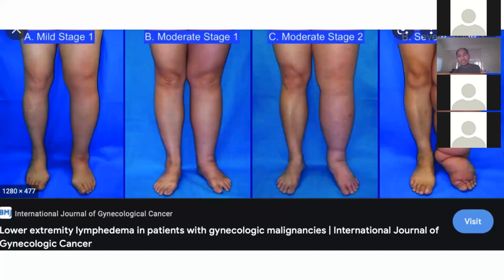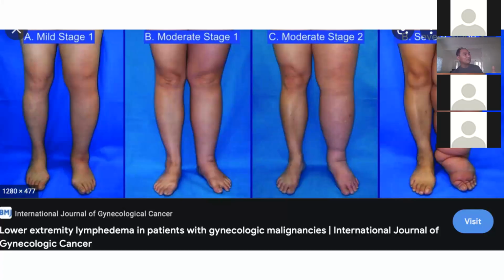Therefore, lymphedema is more often unilateral. Look at that, it gradually gets bigger and bigger, and the fluid is really tight. Therefore, if you push, you cannot see pitting on the limb. So that is a really sad condition.